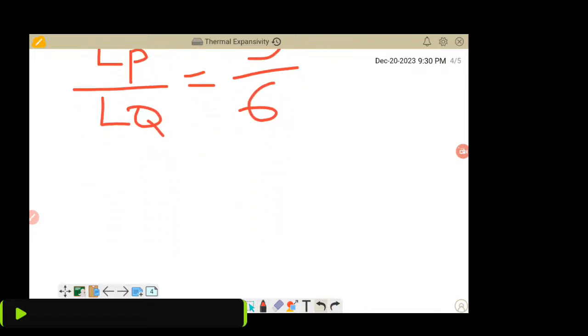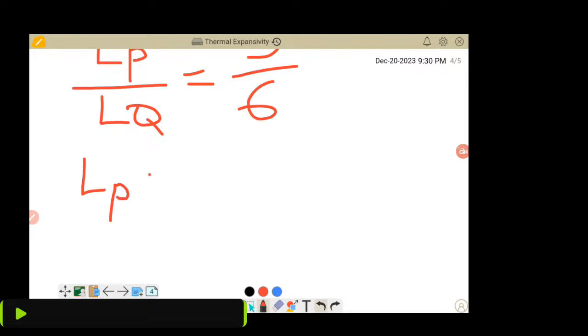So LP to LQ equals 5:6, and that gives us the final answer to that particular question.